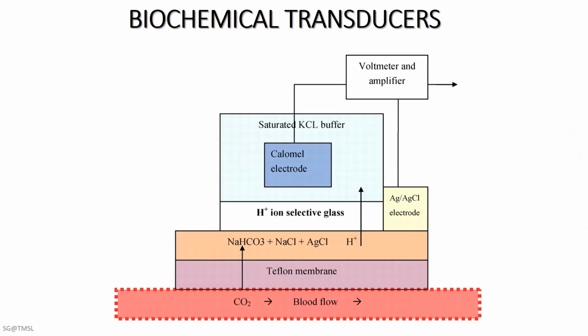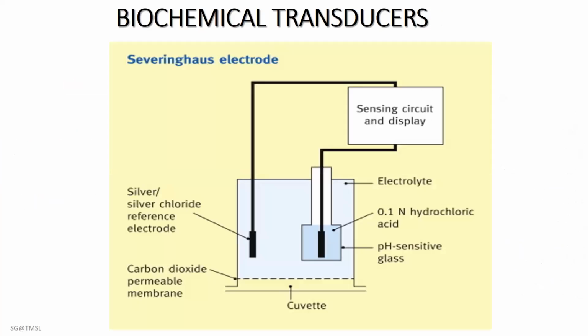This is one type of diagram for measuring CO2, which is also called the Severinghaus electrode. Basically, the measurement of the partial pressure of carbon dioxide, PCO2, makes use of the fact that there is a linear relationship between the logarithm of the carbon dioxide pressure and the pH of a solution.